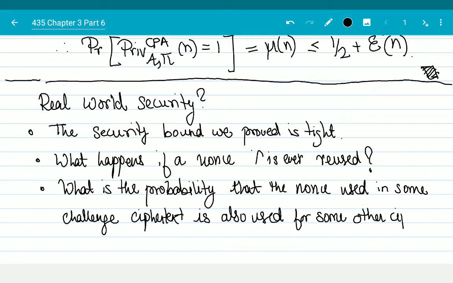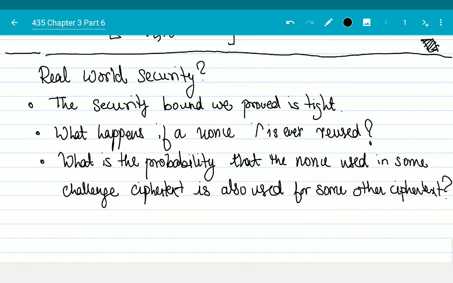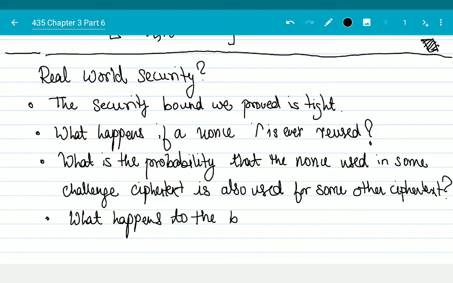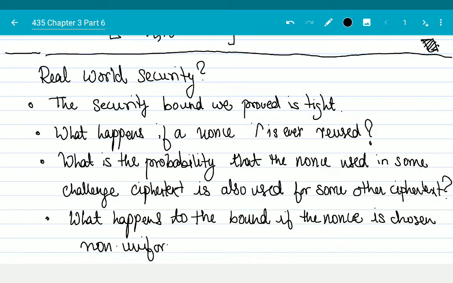And what happens to the bound if the nonce is chosen non-uniformly, maybe pseudo-randomly?